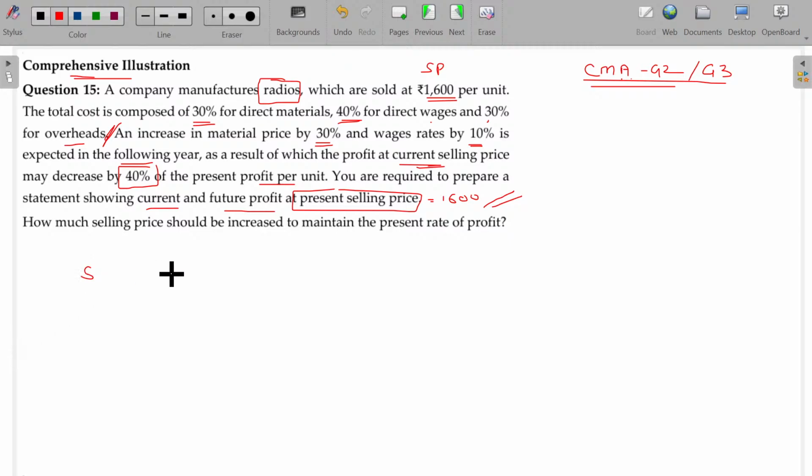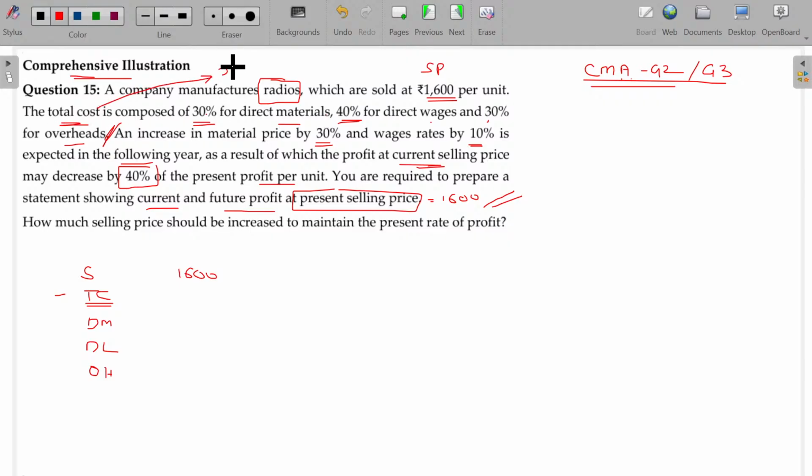Sales 1600 minus total cost. Total cost comprises direct material, direct labor and overheads, which is 30%, 40% and 30% of total cost.